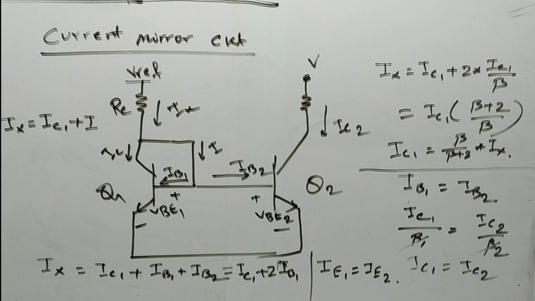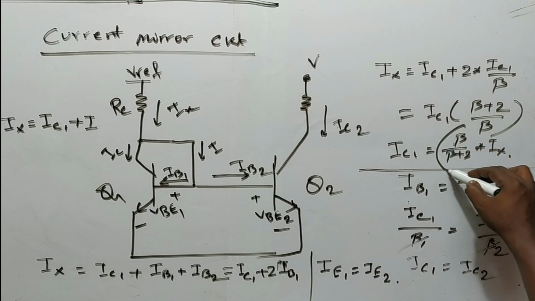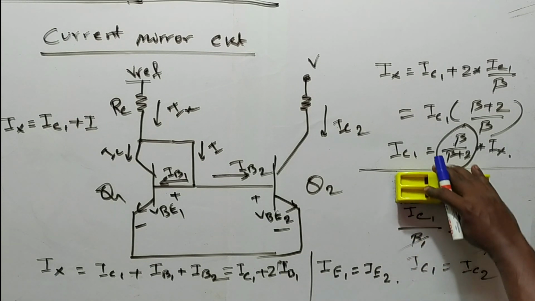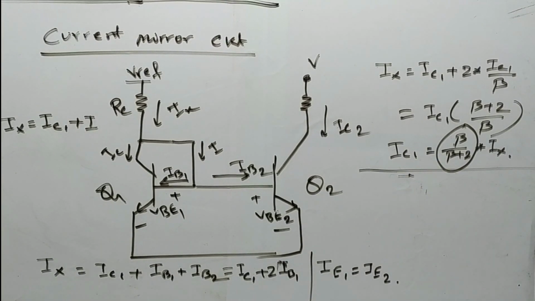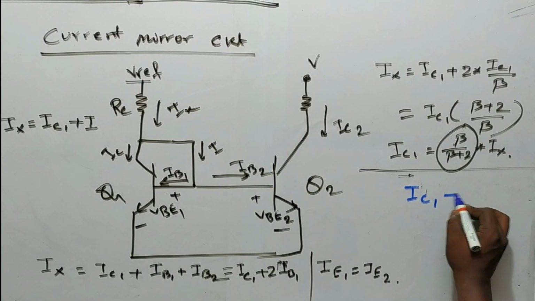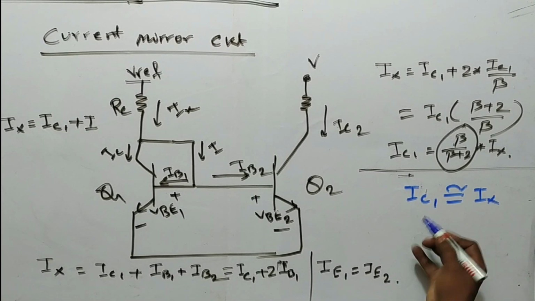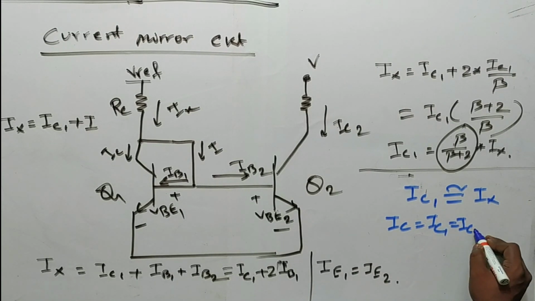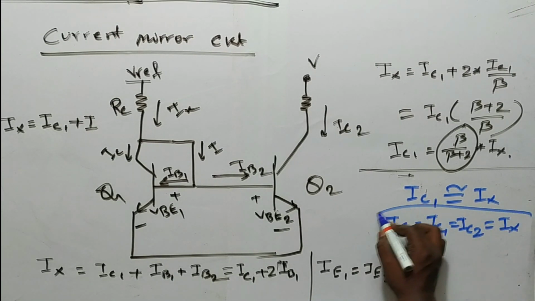As we know, the value of beta is between 100 to 400, so beta is quite high. So we write that this term beta by beta plus 2 is equivalent to 1. From this equation we can write that IC1 is approximately equal to Ix, or I write that IC1 is equal to IC2 is equal to Ix.